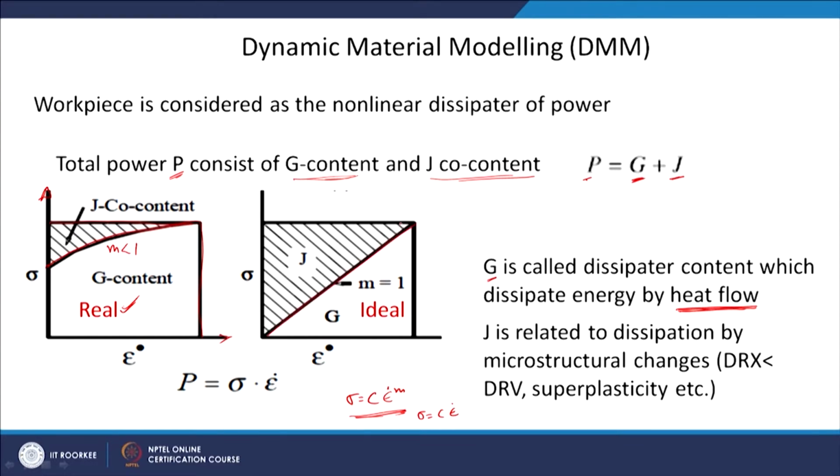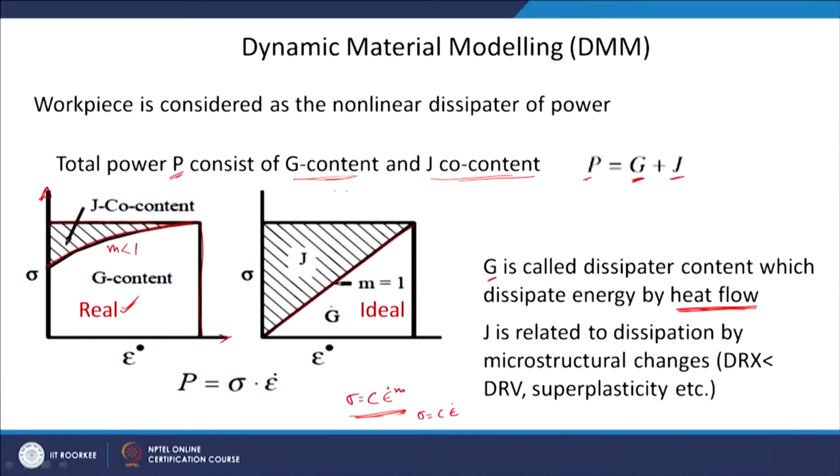That means it divides the rectangle into two equal parts. So, J and G are equally divided: an equal amount of power goes into microstructural changes and an equal amount goes into heat generation. This is the maximum you can reach. You cannot go beyond m equal to 1. That is the maximum strain rate sensitivity I can achieve.